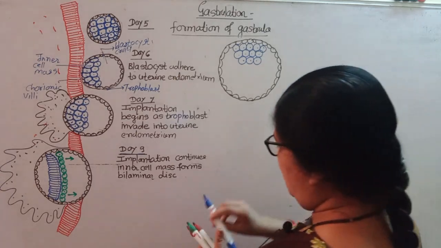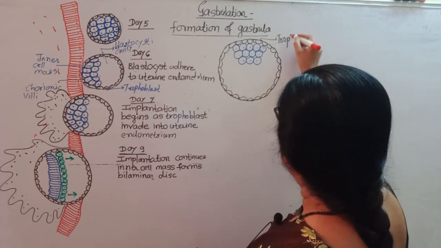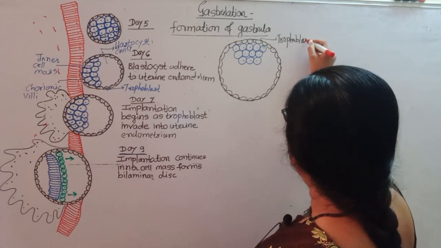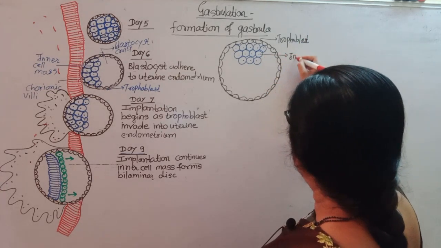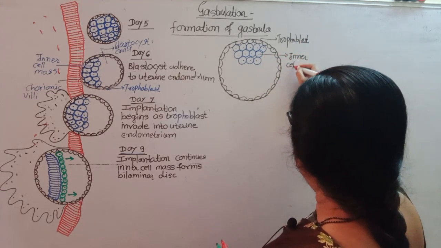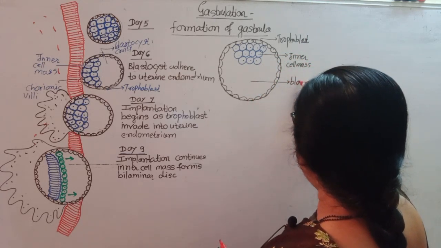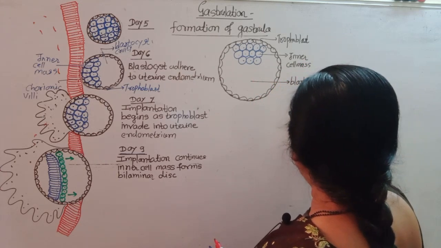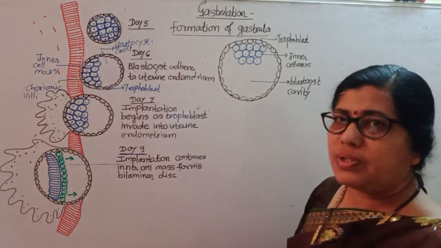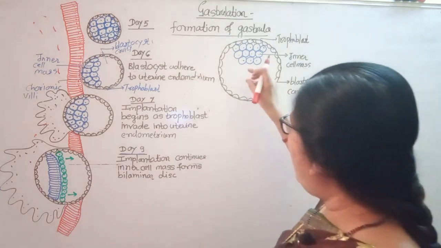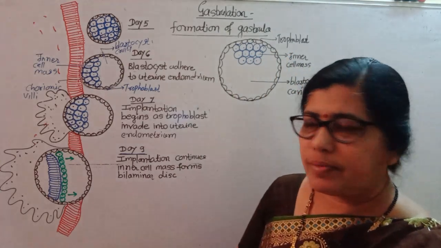So this is trophoblast, inner cell mass, and this is blastocyst cavity or blastocele, which is filled with glycogen-rich uterine fluid or uterine milk.